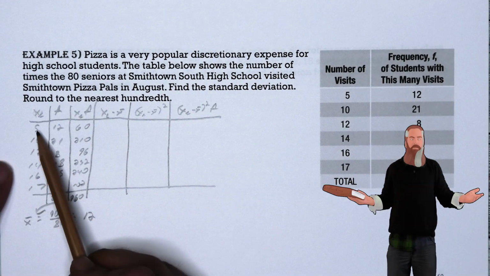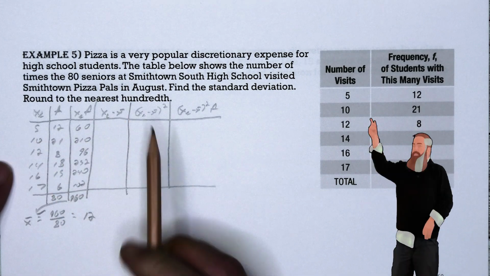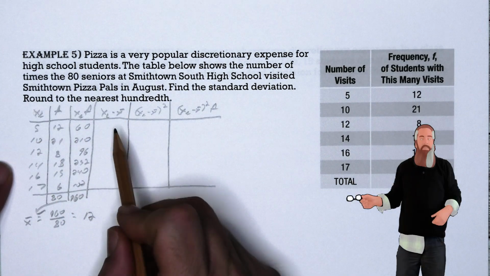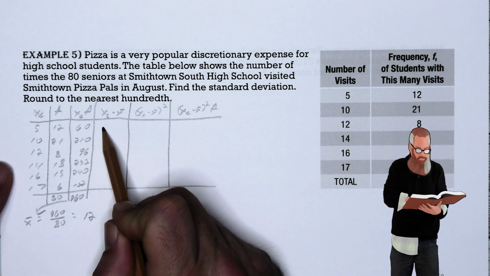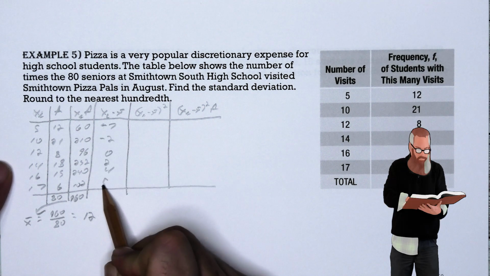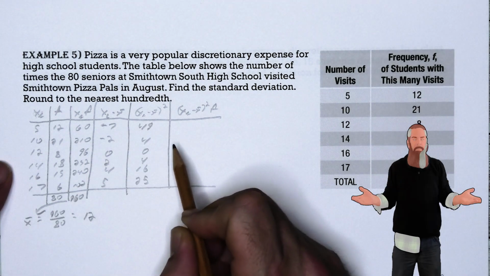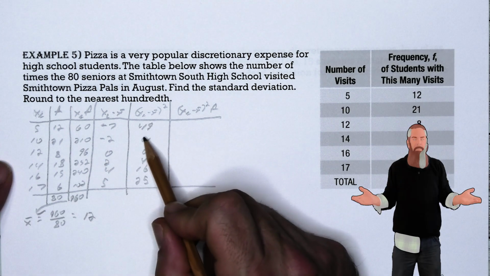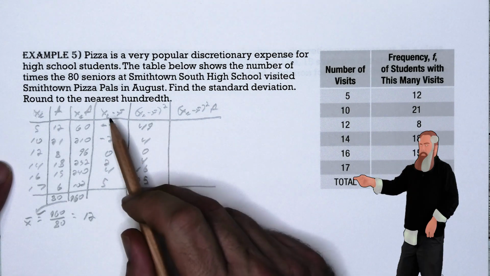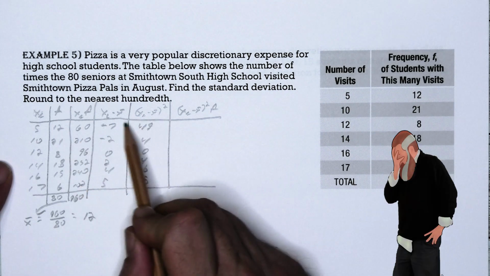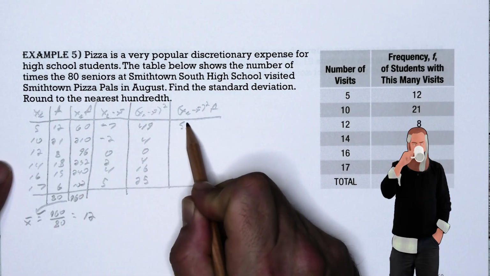Now we're dealing with the original data number as X sub i minus X bar, so 5 minus 12 is negative 7. And we do that for each one of those entries. We square them, and then we go ahead and multiply that squared number by the frequency that had occurred. So 49 times 12 is 588.